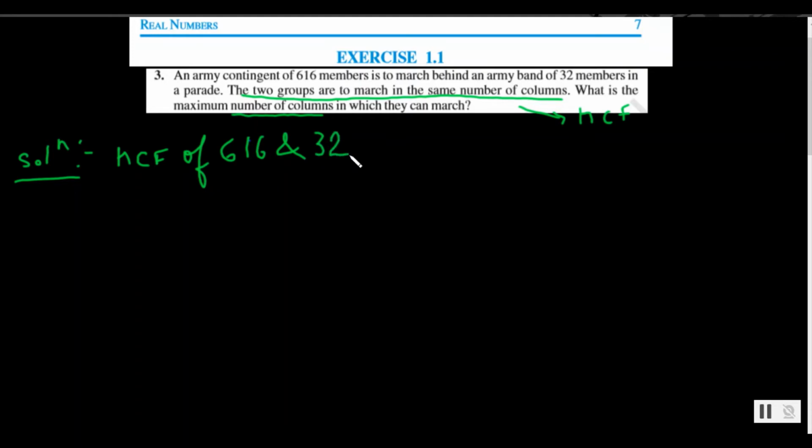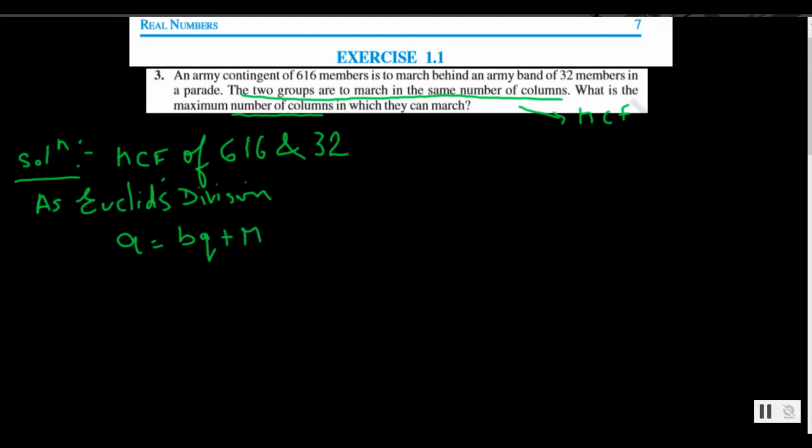Okay, so as Euclid's division, the equation is A equals to BQ plus R.